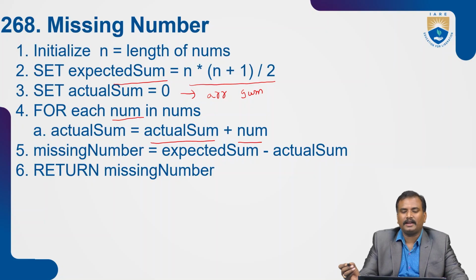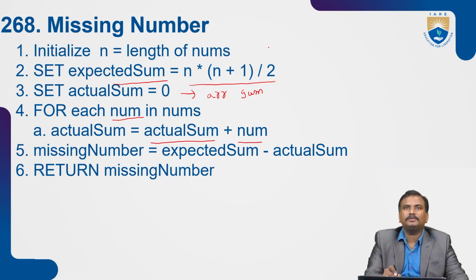And here initialize n is equals to length of nums. So first step is we need to take the n value as length of the array, and then we are going to take expected sum is equals to n into n plus 1 by 2.